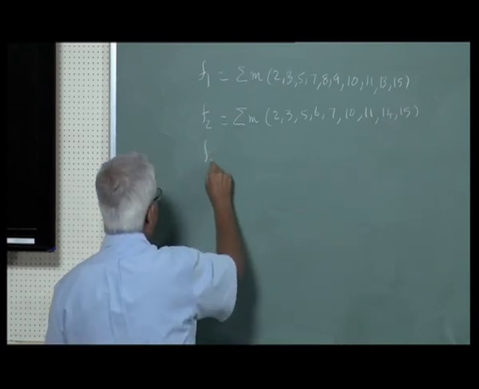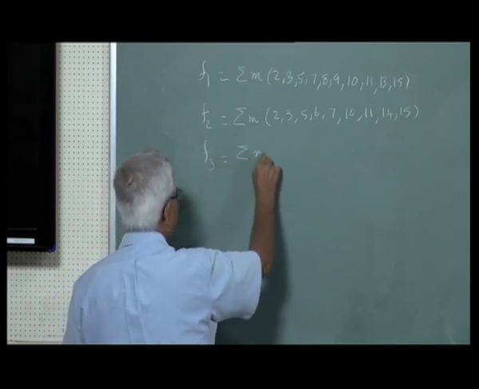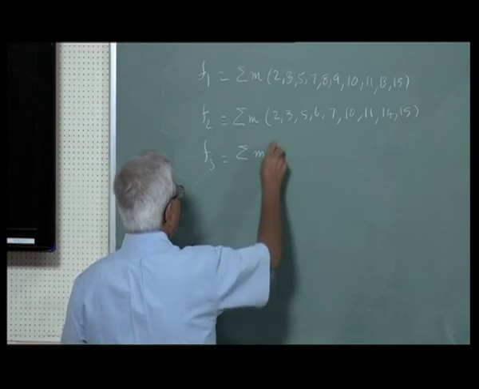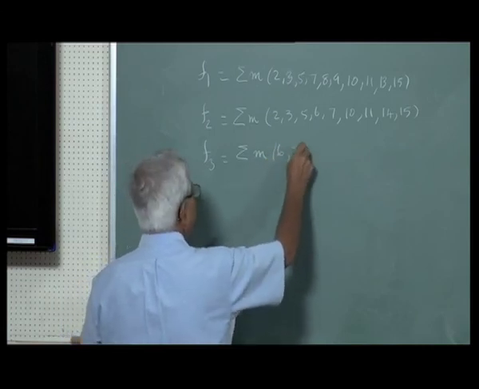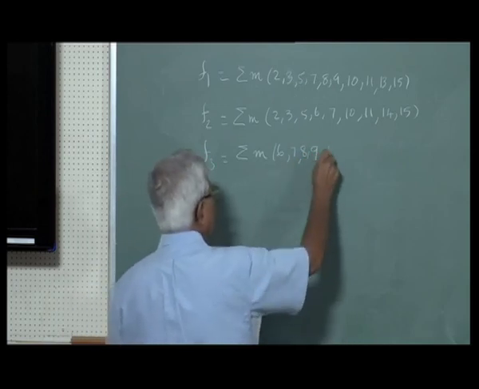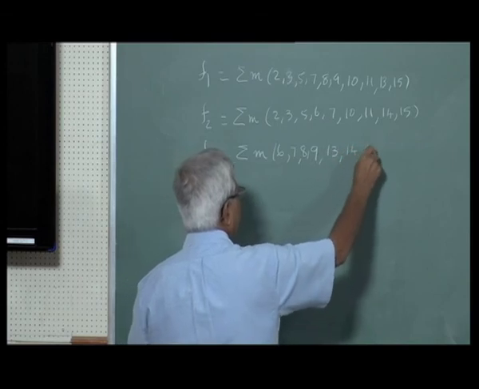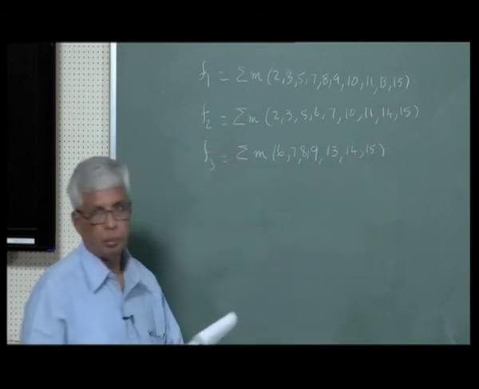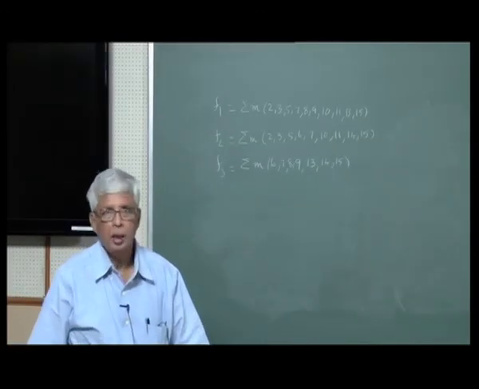F3 is sigma m 6, 7, 8, 9, 13, 14, 15. I have 3 functions F1, F2, F3 defined by this.